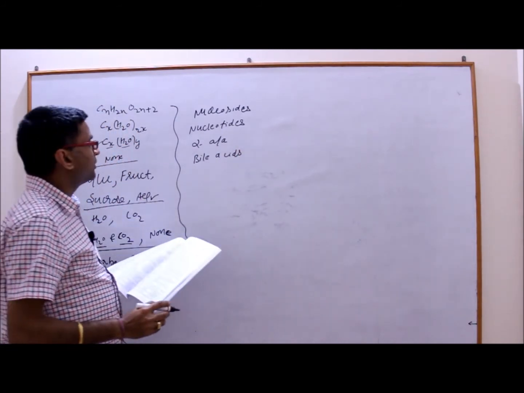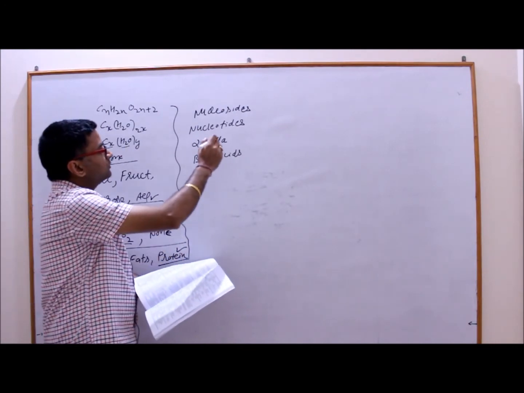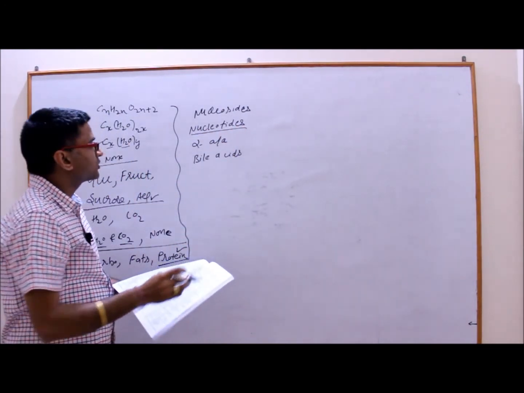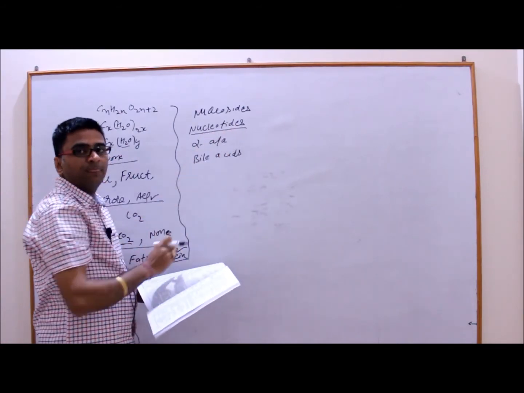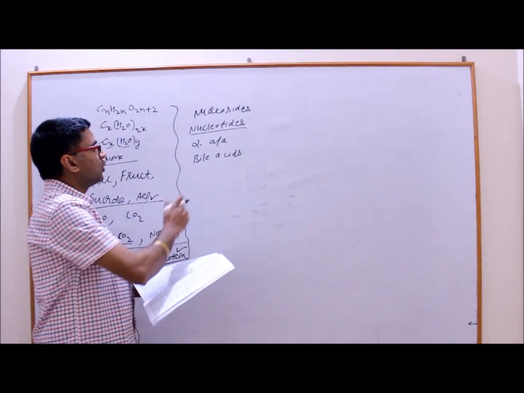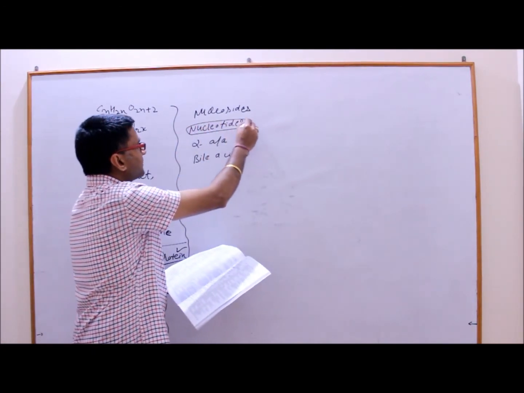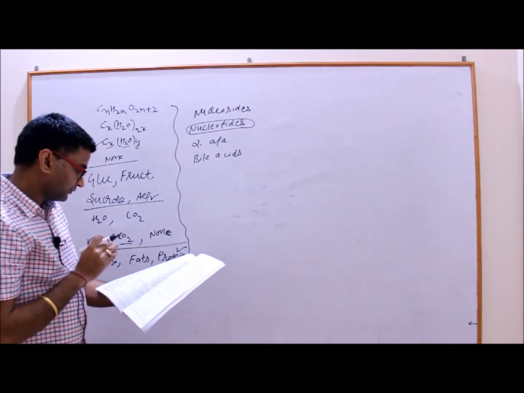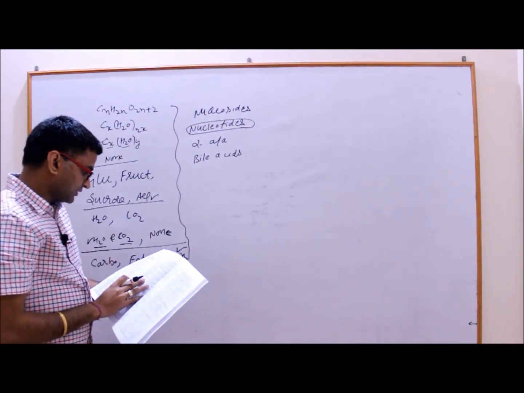So nucleic acid is a polymer of which one? Nucleotide. Because we know that in a nucleotide we have ribose sugar, nitrogen base and phosphate group. All three are required, and that is the polynucleotide. The answer is nucleotide.